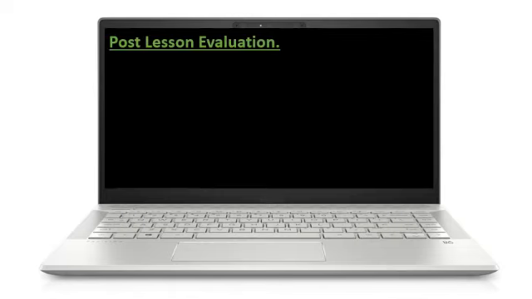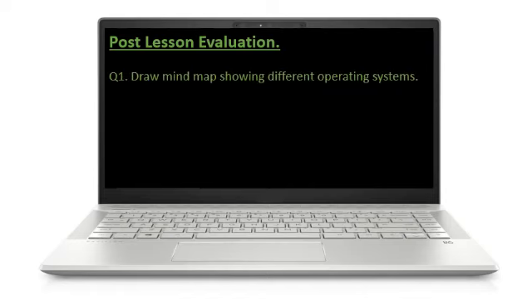Here is the post-lesson evaluation. It is compulsory for all of you to do this in your notebooks. Question number 1 is draw a mind map showing different operating systems. In this question, you only need to make a mind map, and in that mind map, you will only write down the names of the different operating systems.